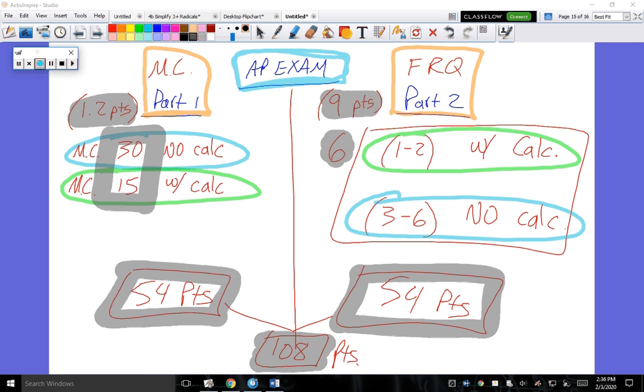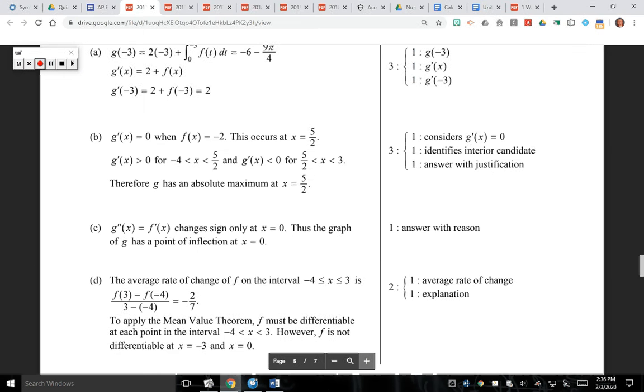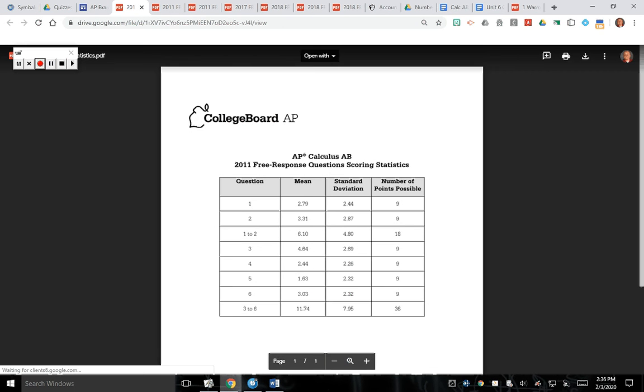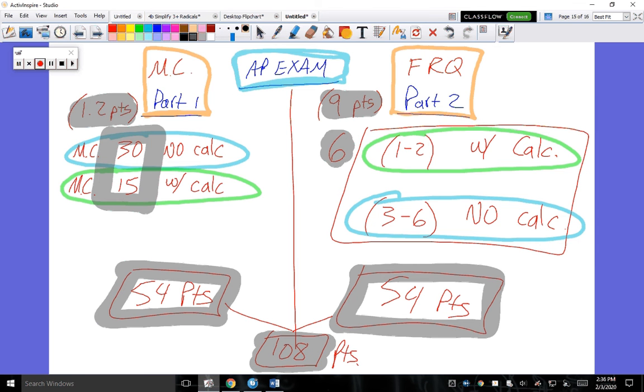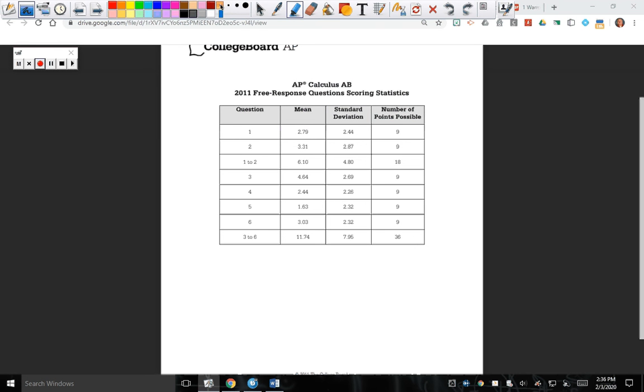Okay. Now, with that being said, if I go back up here on that website, this last one, the scoring statistics, this will tell you on average for question number 1, on average worldwide 2.79 was the average.